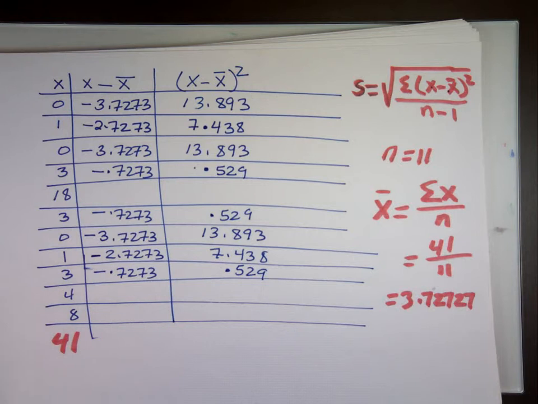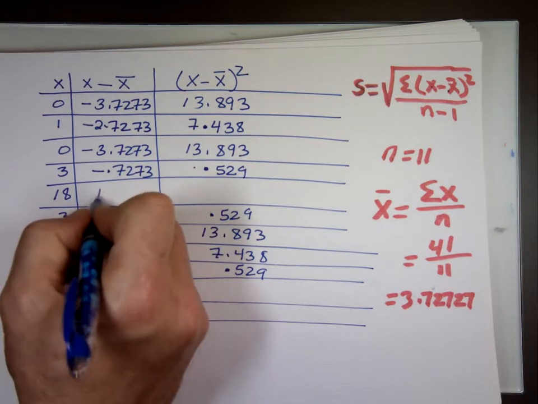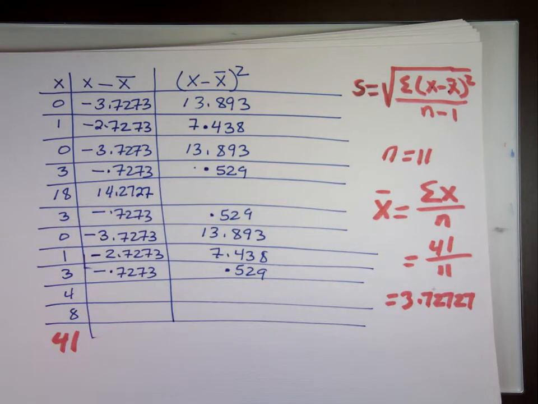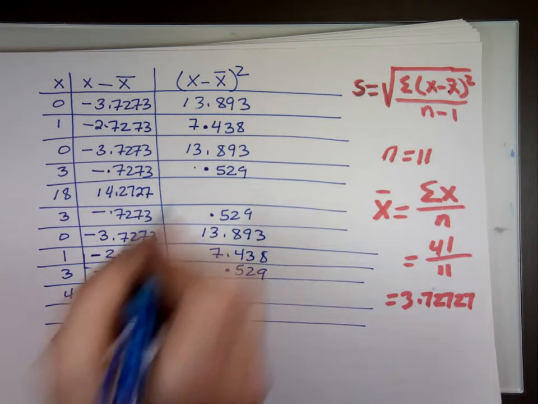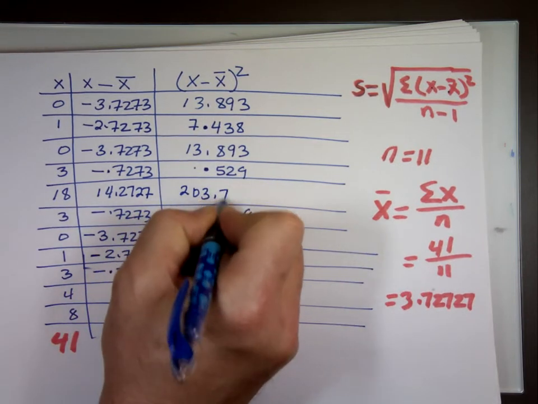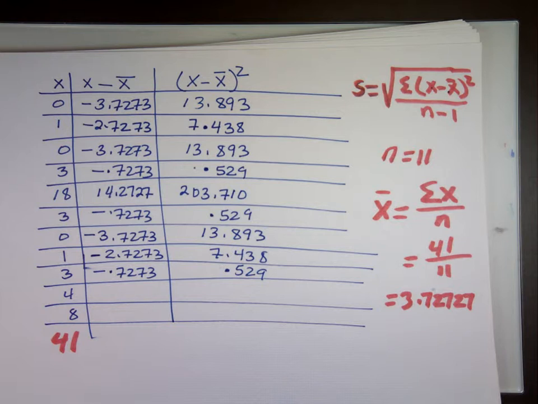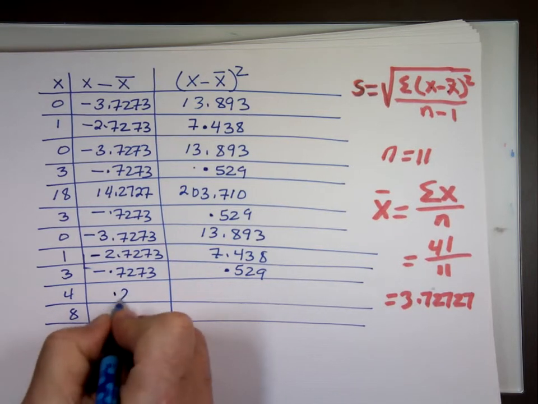18 minus 3.7273 is 14.2727. Square that. 203.710. 2 more values. 4 minus 3.7273 is 0.2727.